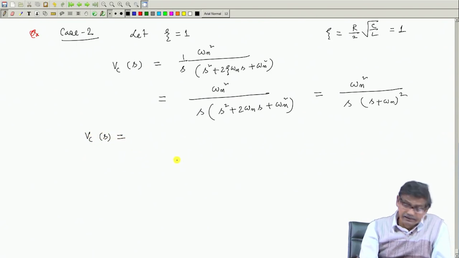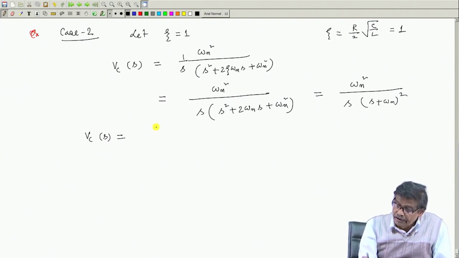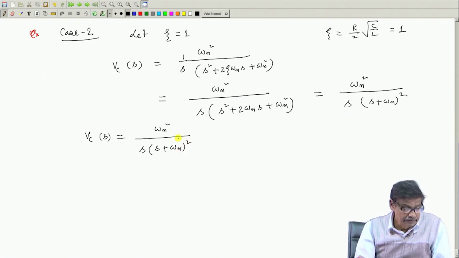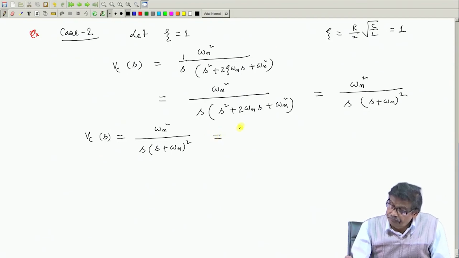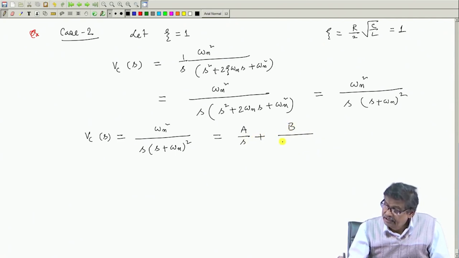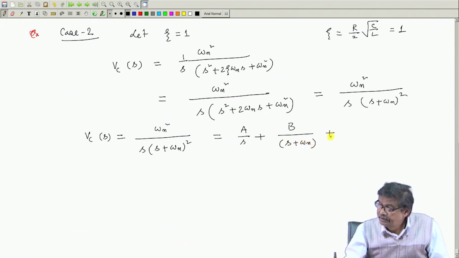So, let us do in that way, that omega n square divided by s and s plus omega n whole square. Let this be equal to A by s plus B by s plus omega n plus D by s plus omega n whole square, 3 constants.